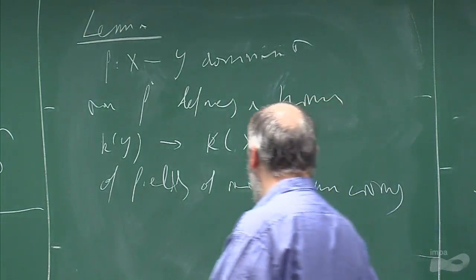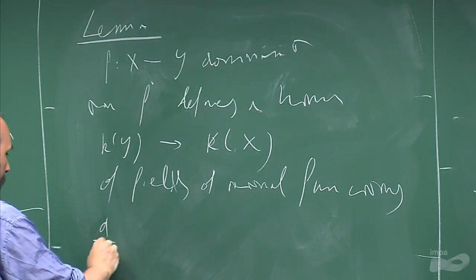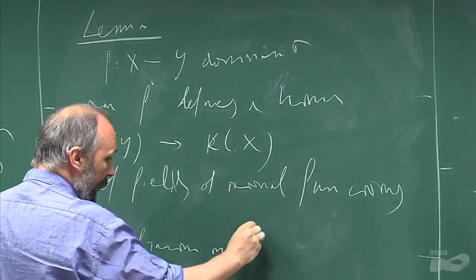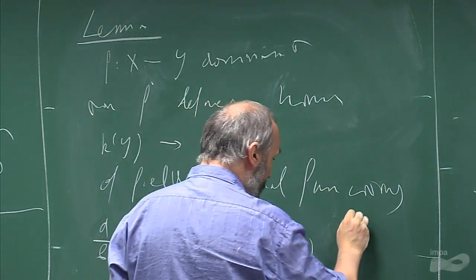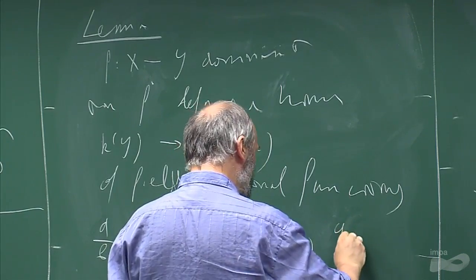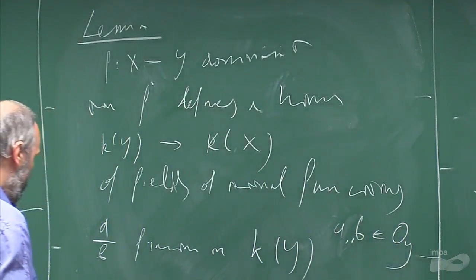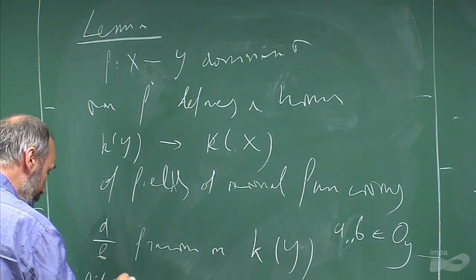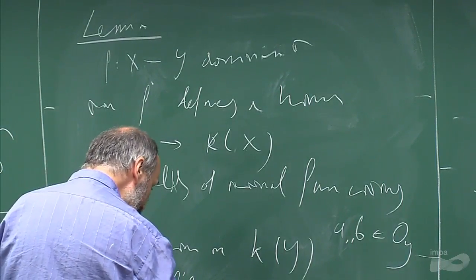You have a fraction like a quotient by b in K of Y, where a and b are functions on Y. Then you take f star of a quotient by b equal to f star of a quotient by f star of b.